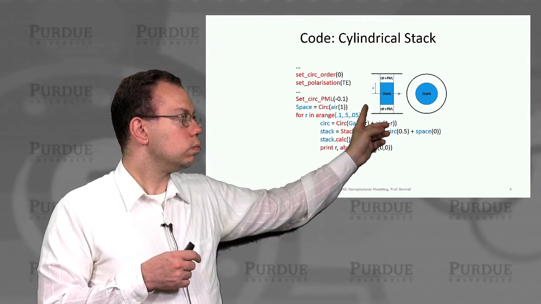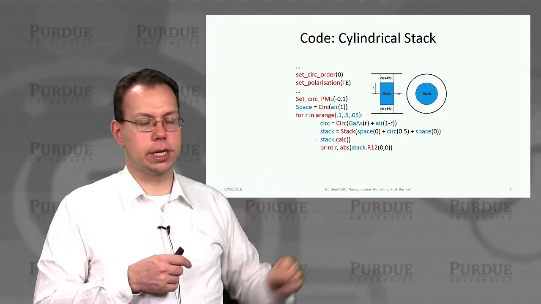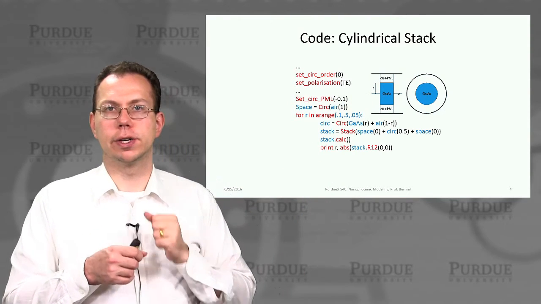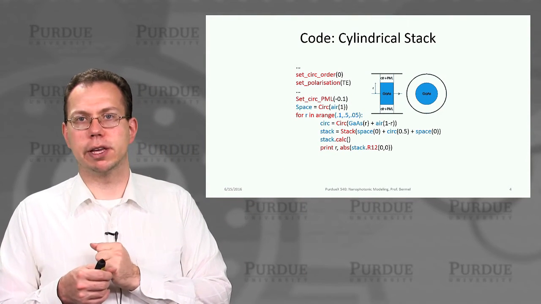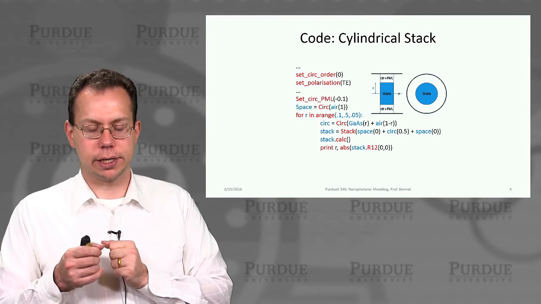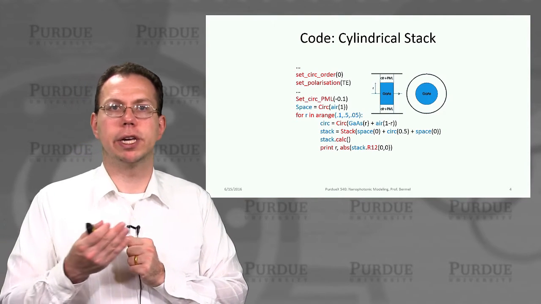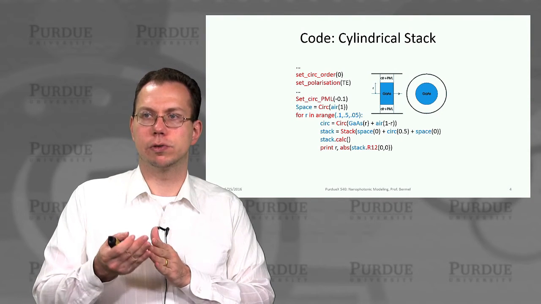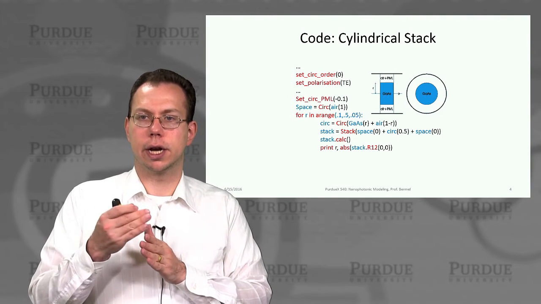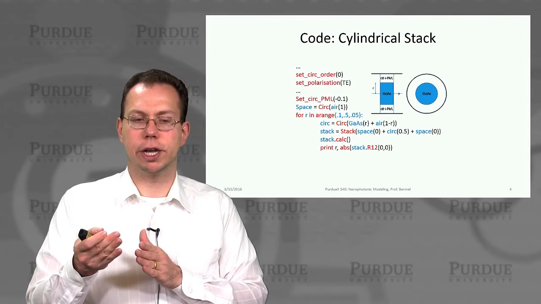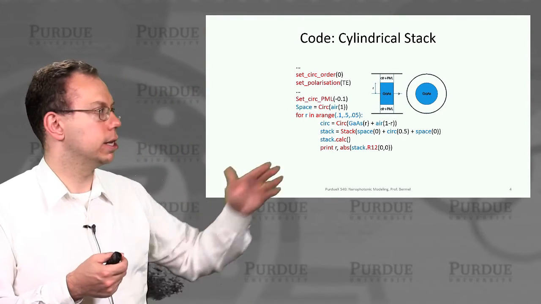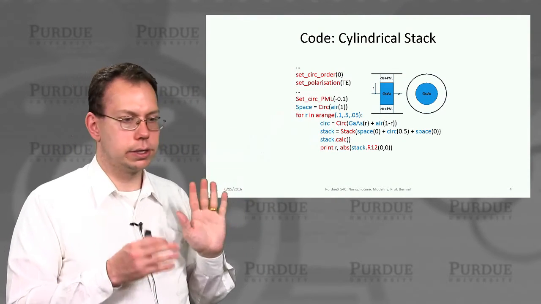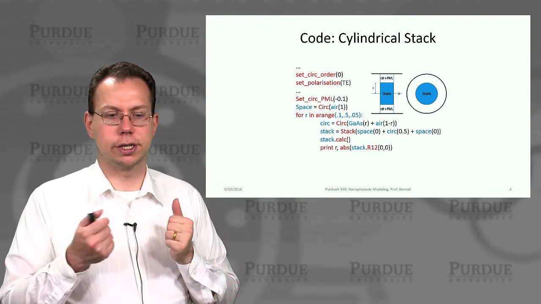And we have to set what's called the circular order, which is basically the symmetry of the input mode. In this kind of problem, we can probably assume that we have m equals 0 or m equals 1. M equals 1 would correspond usually to a plane wave, so that's also a common choice. But here we chose m equals 0.